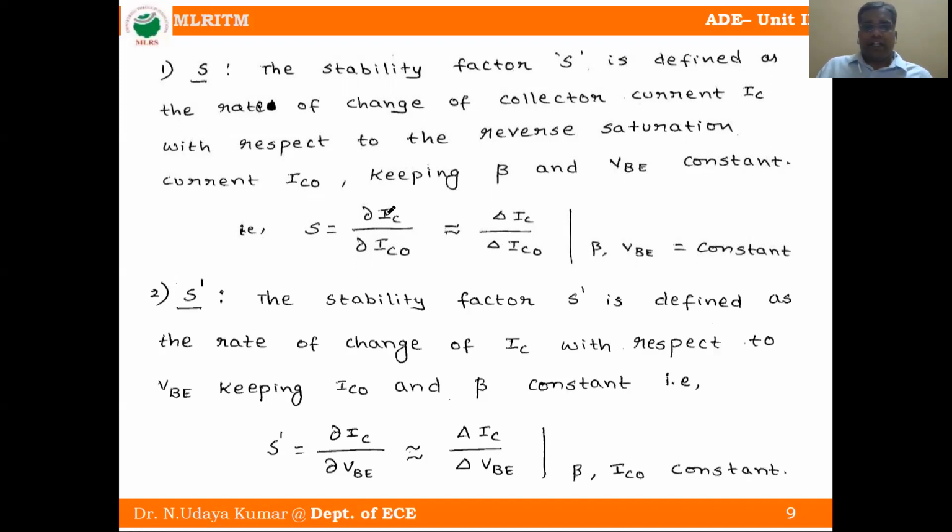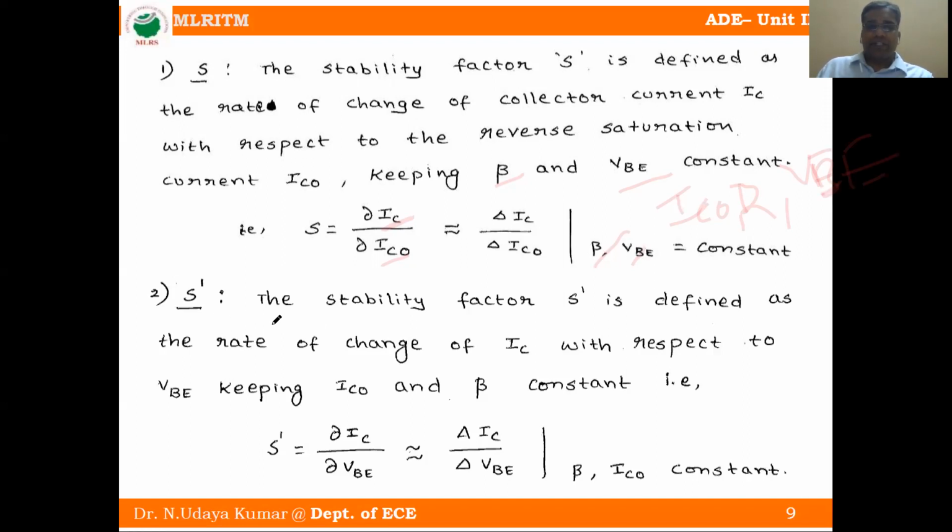Here there are three parameters: one is IC naught, second is beta, third is VBE. Three parameters means three stability factors. So S is equivalent to change in IC by change in IC naught at constant beta and VBE.